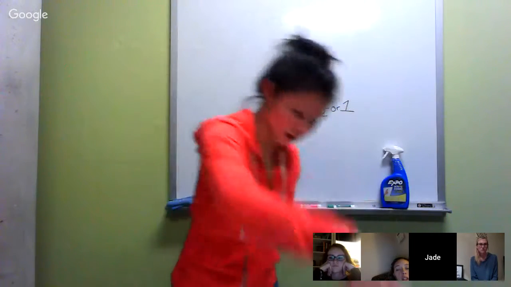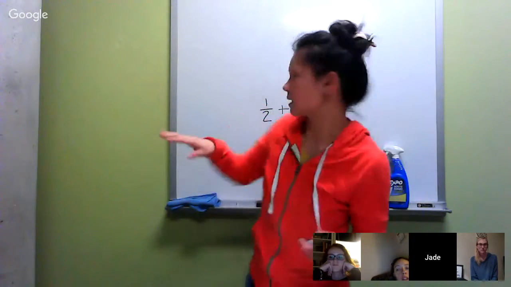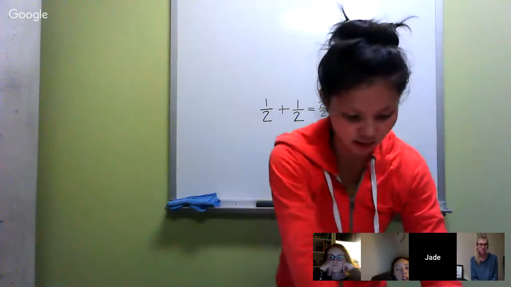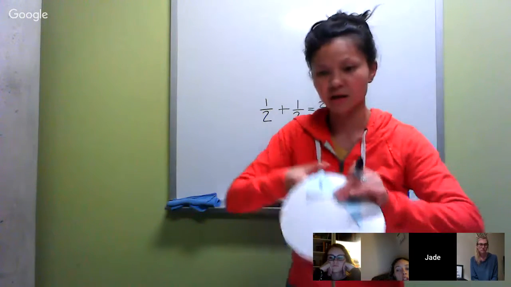Oh wait, I need another one. So that's another 1/8. And you keep going just like this, add 1/8, 1/8, 1/8, 1/8, 1/8, 1/8. Then they can look at the puzzle and be like, okay, how many 1/8 fill up the pie? And they can count 1, 2, 3, 4, 5, 6, 7, 8. So that's my pie.